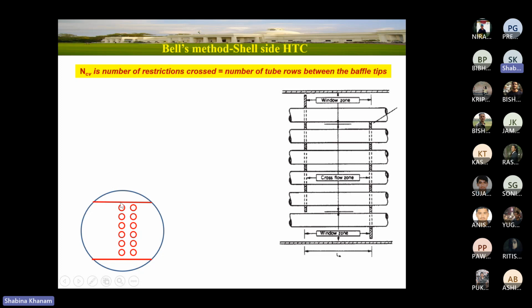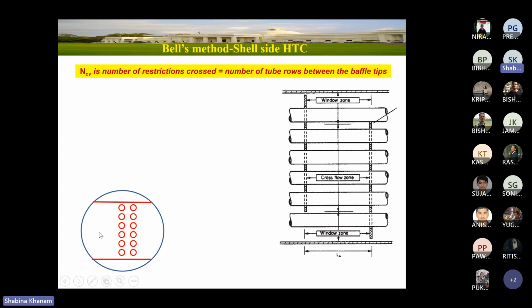This is one baffle; one baffle will be like this, where only this section is removed. Another baffle will have only this section removed. So this is the cross flow zone. NCV will be this number: 1 2 3 4 5 6. In this case NCV is 6, that is the number of tube rows between baffle tips.